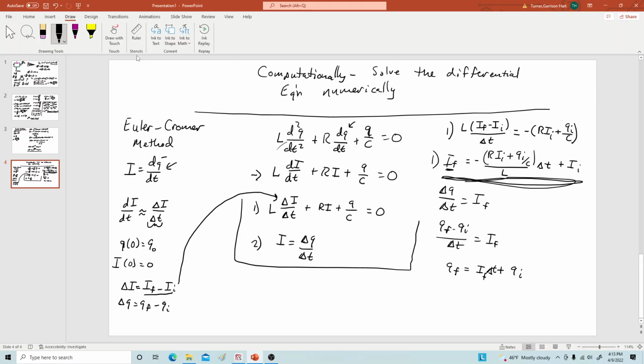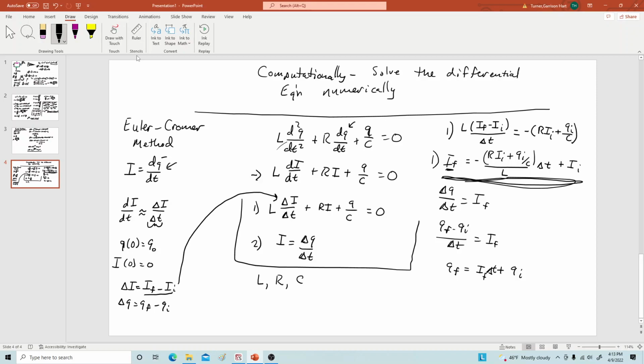Okay, so for each value of my current, or each value of my charge, I'm going to use the previously calculated value of the current. And so what this means is, if I have specified the value of L, the value of R, and the value of C, and by the way, it does not matter what my values of L, R, and C are.